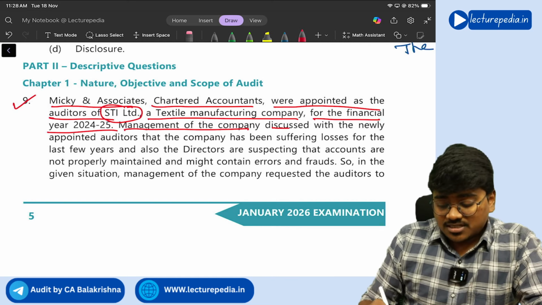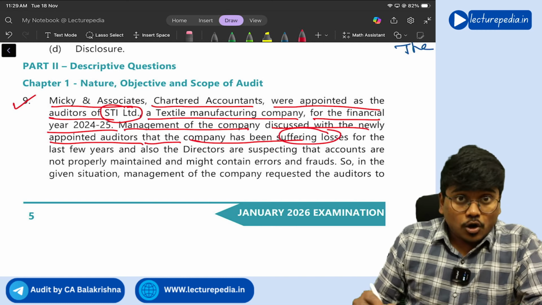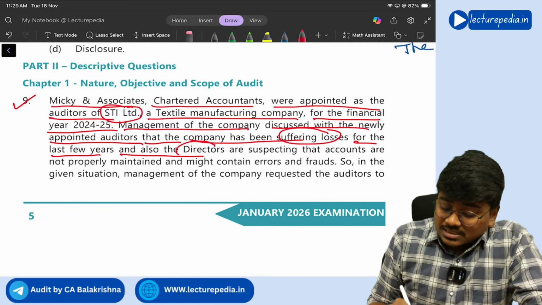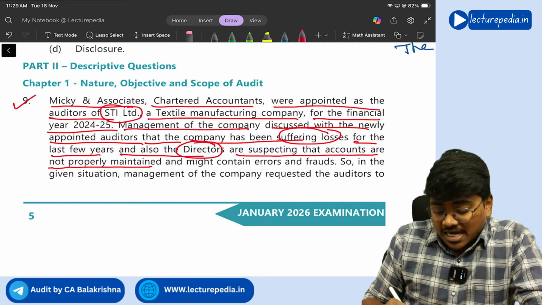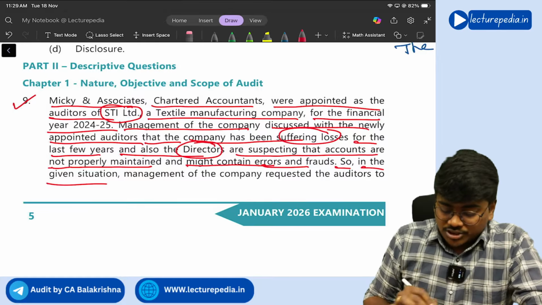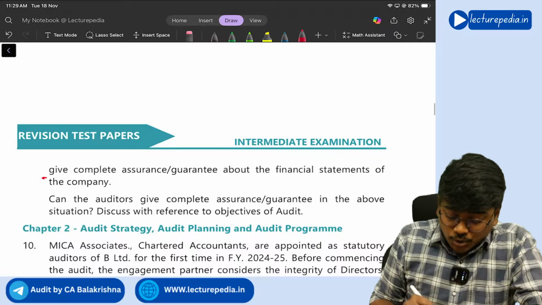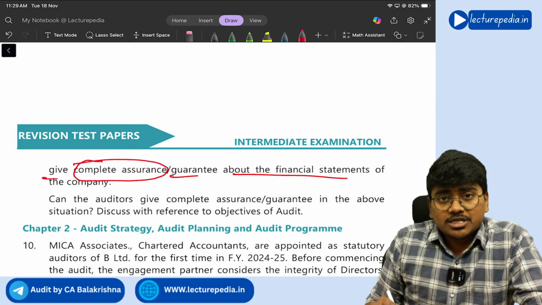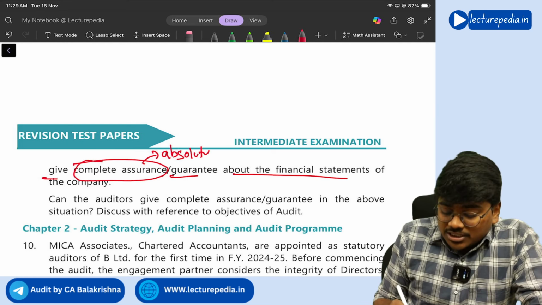Management of company discussed with the newly appointed auditors that company has been suffering losses for the last few years, and also directors are suspecting that accounts are not properly maintained and might contain errors and frauds. So in the given situation, management of the company requested the auditors to give complete assurance or guarantee about the financial statements. That means management is asking for absolute assurance.